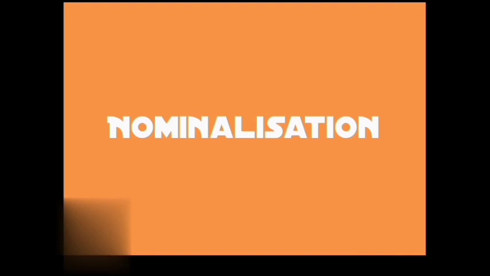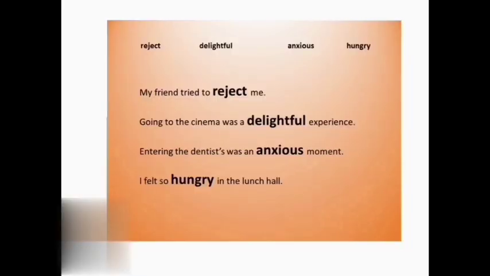Remember, we are still talking about nominalization, the process of making words become nouns, even when they were not before. Now, let's look at the screen. We have some words there: reject, delightful, anxious, and hungry.